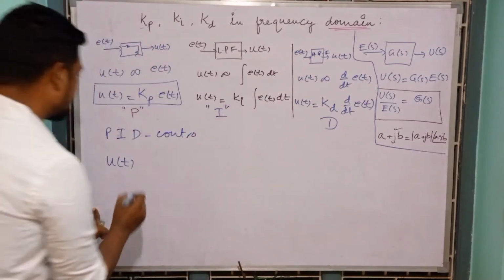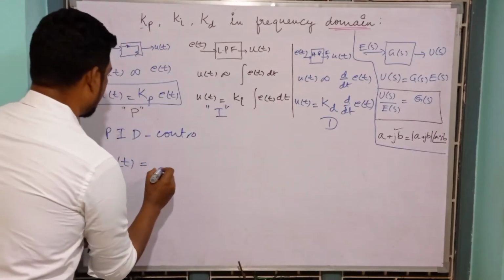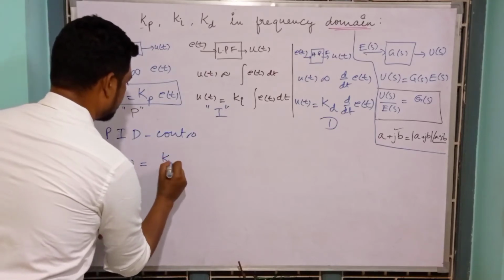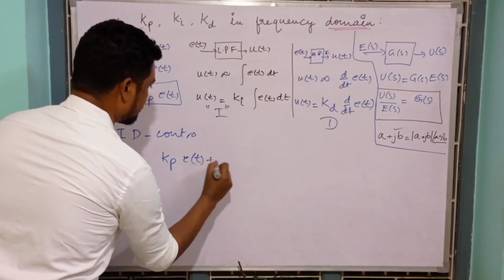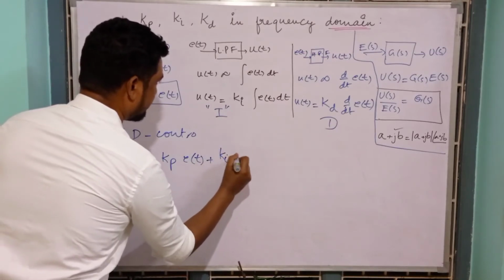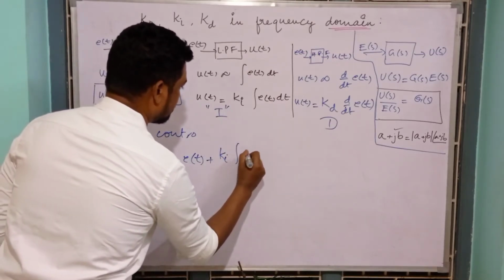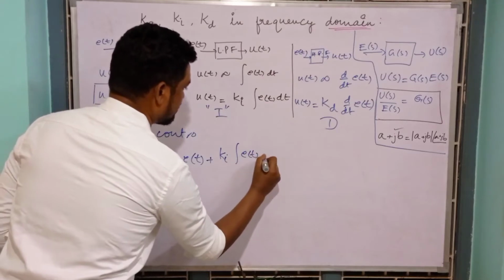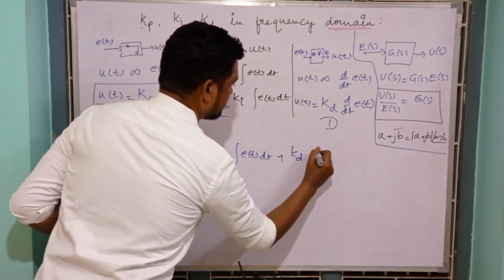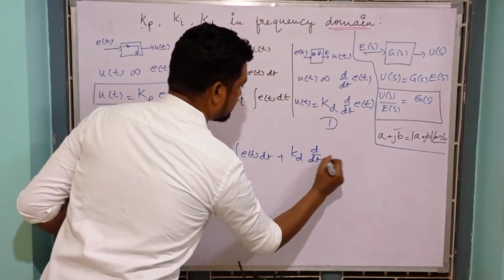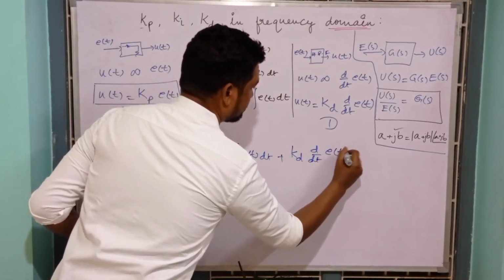That gives a PID controller. So what we have, u of t is equal to kp e of t plus ki integral e of t dt plus kd d by dt e of t.